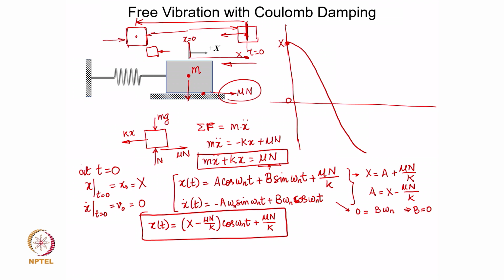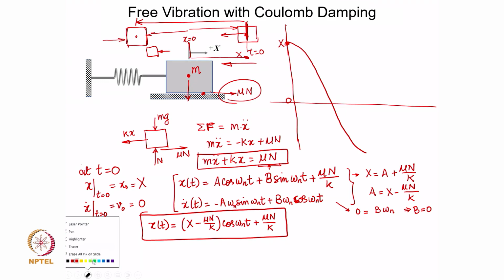So, this equation of motion m x double dot plus kx equal to mu N is going to change to m x double dot plus kx equal to minus mu N. The direction of the friction force is going to change, right.